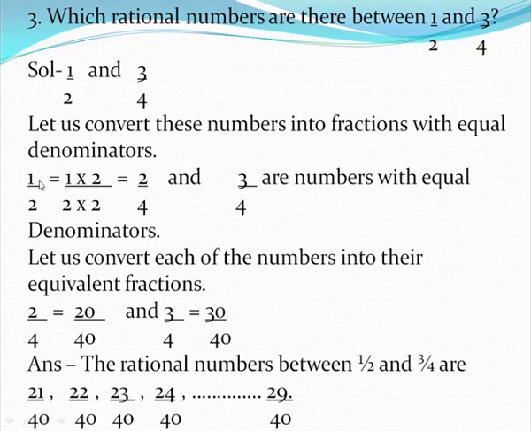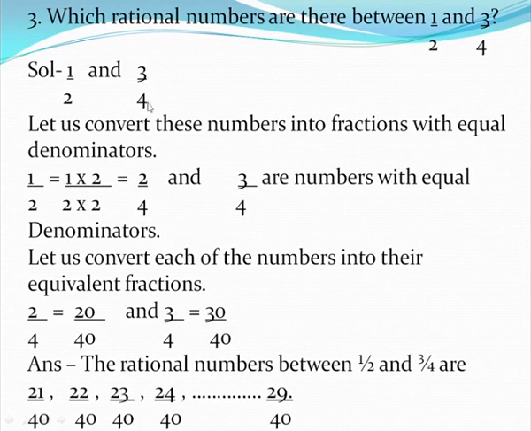When you multiply 1 by 2, you will get 2 in the numerator, and on multiplying 2 with 2, you will get 4 in the denominator. Therefore, 1 upon 2 and 2 upon 4 are equivalent fractions.